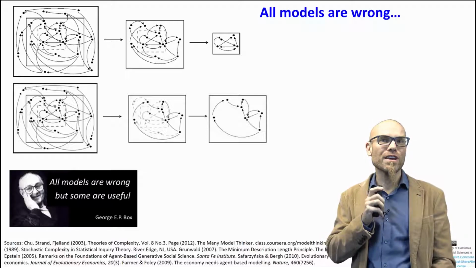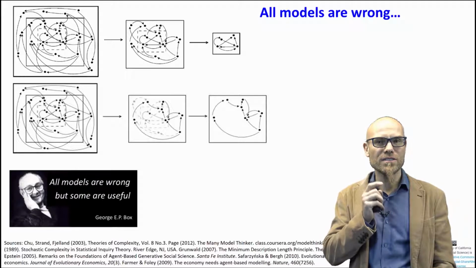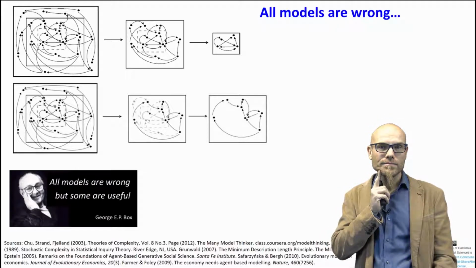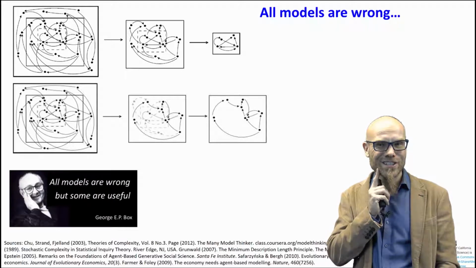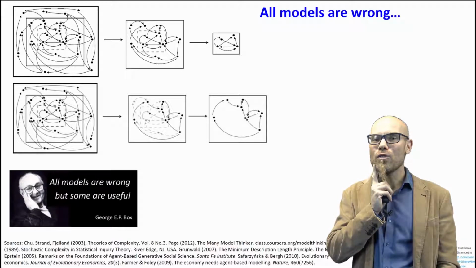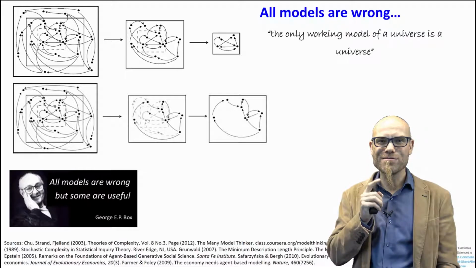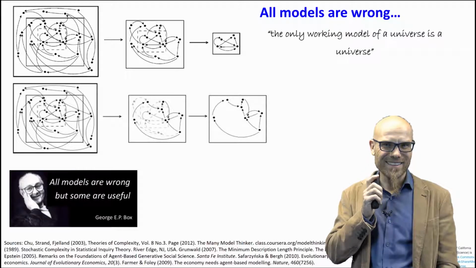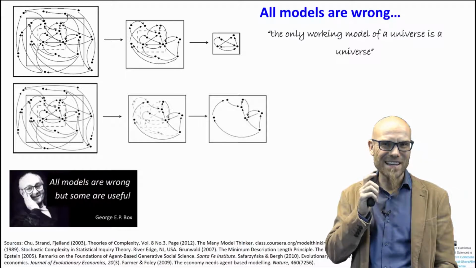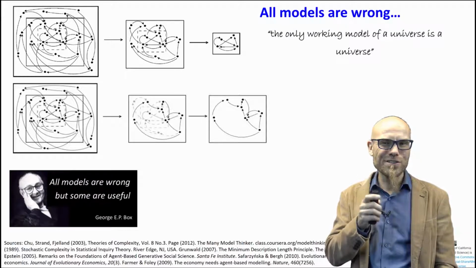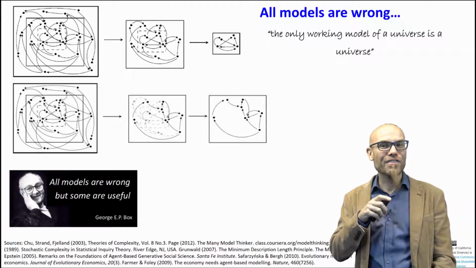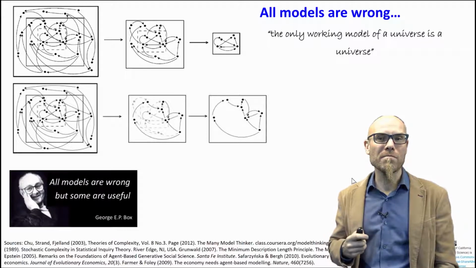So since the only working model of a universe is a universe, now the question with computational tools is, how precise can we be? Can you actually create a digital universe, kind of like the Matrix, a computer simulation of reality, a one-to-one map?